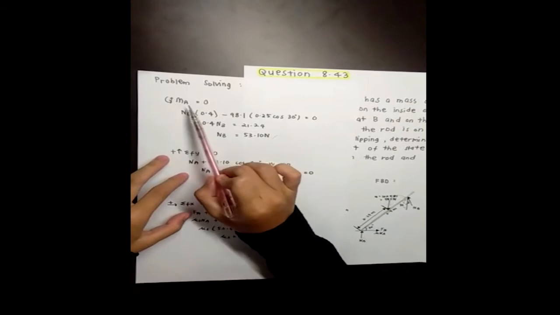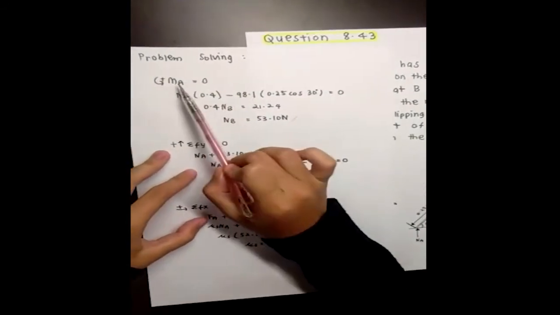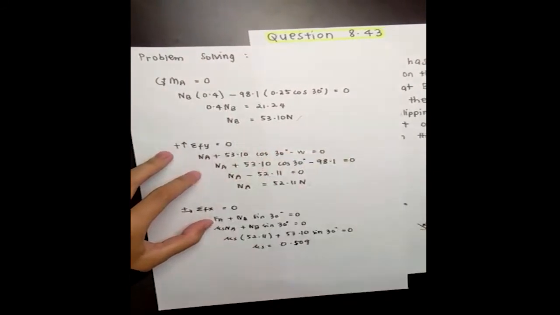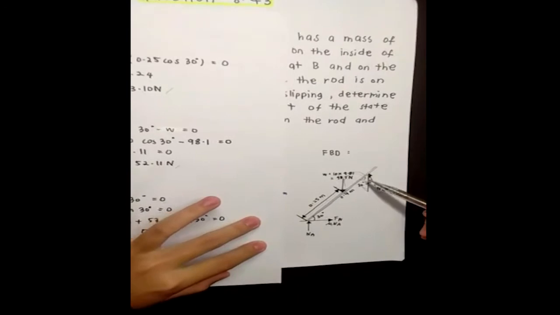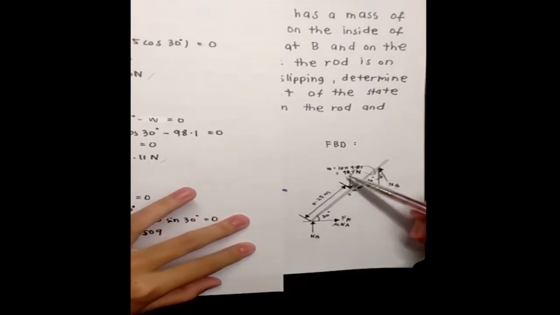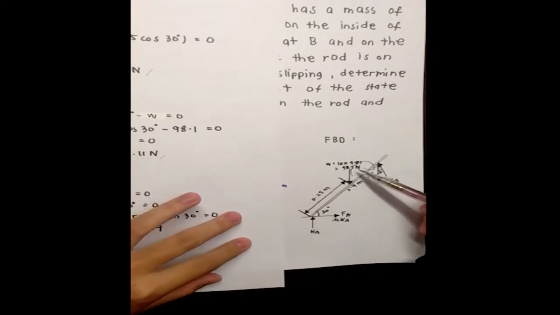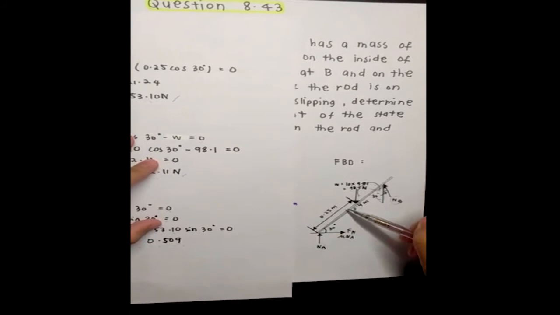Using all this information, we can find the moment at point A, which we assume is counterclockwise, so positive. Moment at point A is equal to 0: external load at B multiplied by 0.4, minus counterclockwise 98.1 Newton multiplied by 0.25 cos 30, equal to 0.